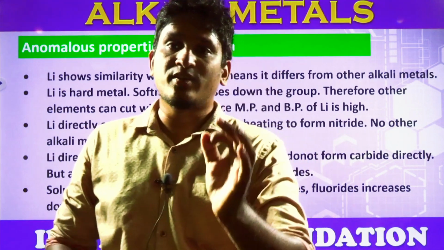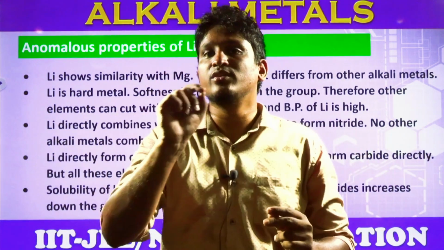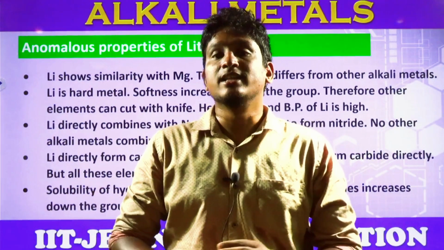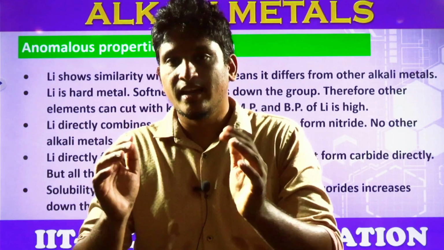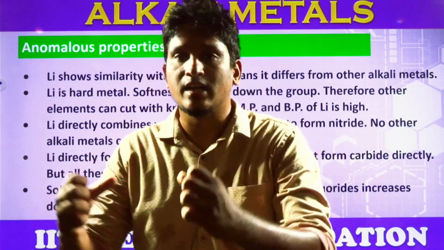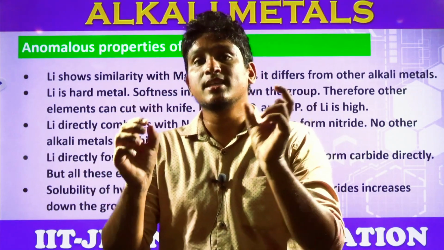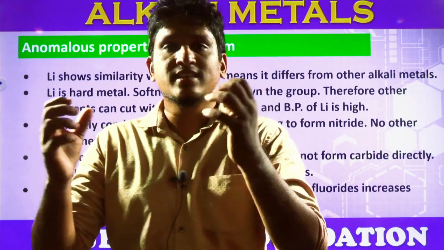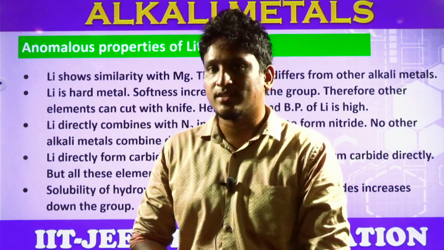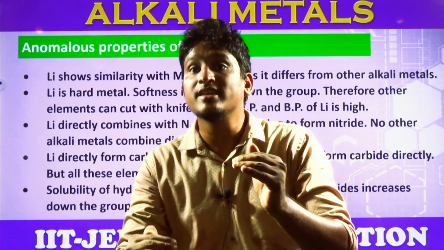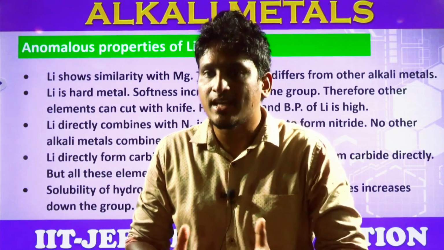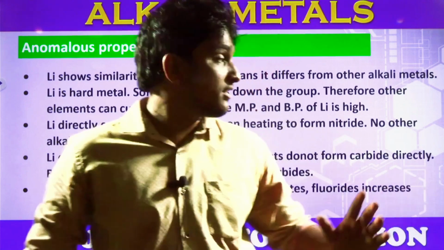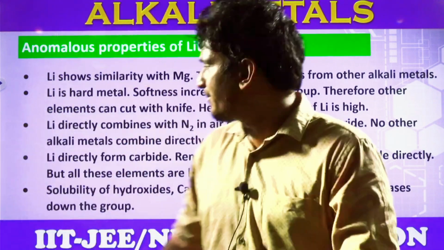Because cesium's atomic size is very big, its effective nuclear charge is very less, and it cannot bind the opposite ion so tightly. But lithium's atomic size is very small, so it binds the opposite ion very tightly and lithium hydroxide doesn't release it very easily. That's why solubility increases down the group. Cesium hydroxide can easily release its opposite ions in solution. Those are the main points in this slide, students. Got the clarity?